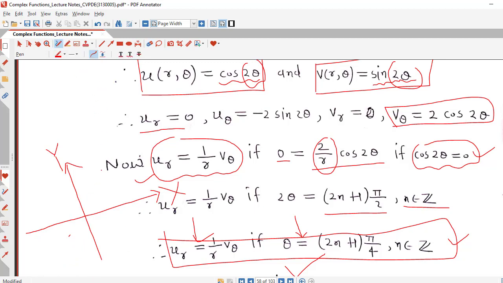So we sketch, this is a rough sketch just to give the idea on which part this equation is satisfied. So suppose this angle is pi by 4, then we can say that this is the line theta equal to pi by 4. So if I consider any complex number, I have to consider only this portion, the portion in the first quadrant.